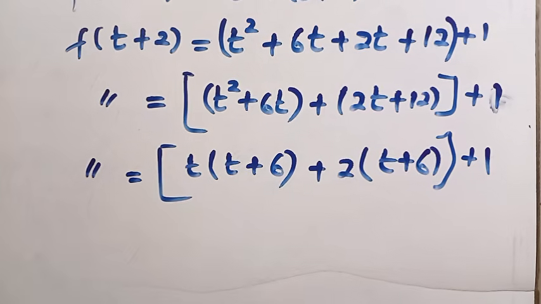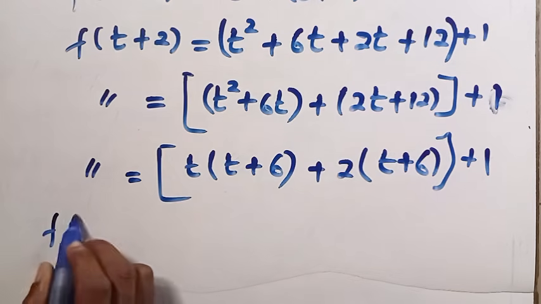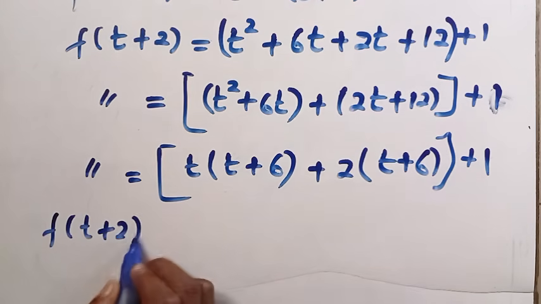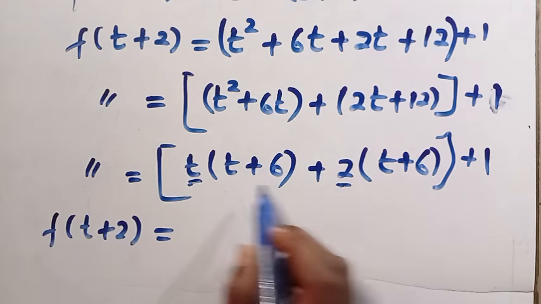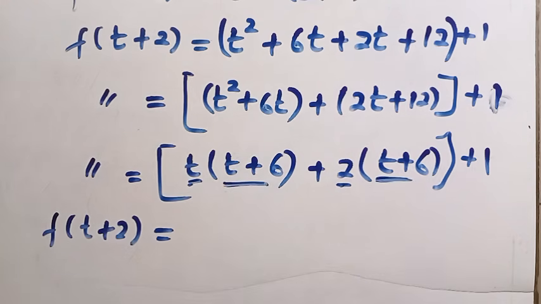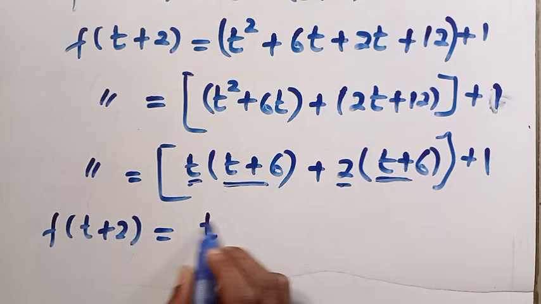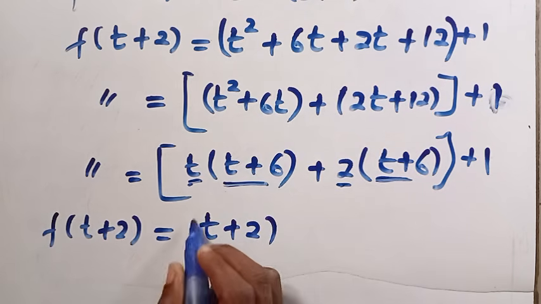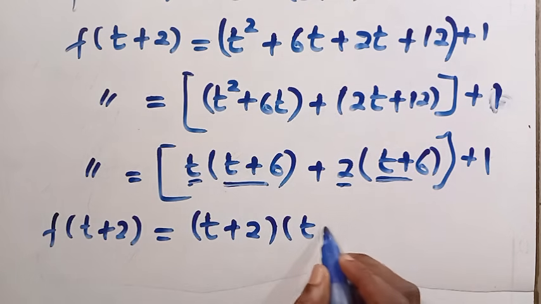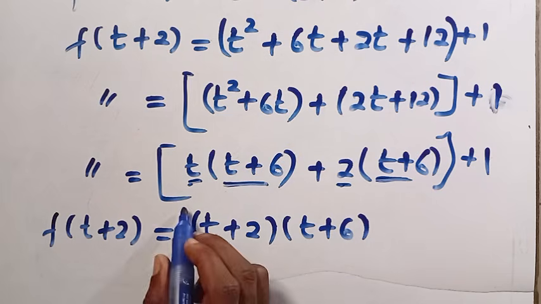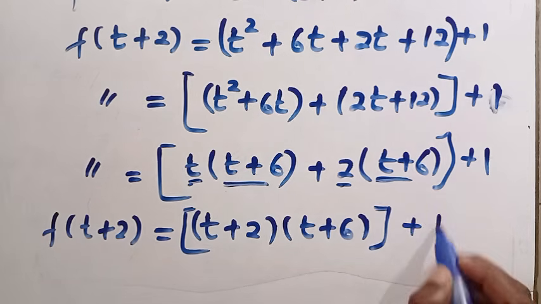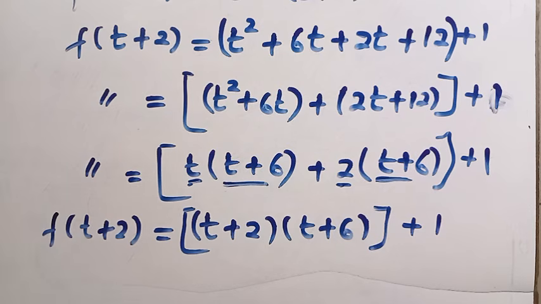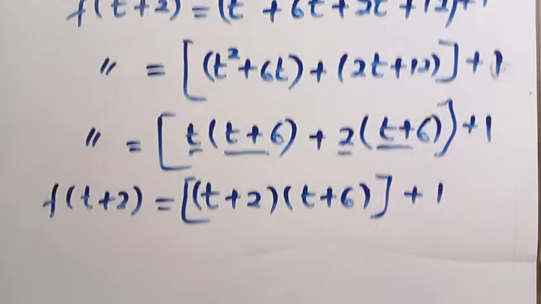Next we combine t and 2, because we have t plus 6, that is the rule of factorization. So we have t plus 2 multiplied by t plus 6, all in bracket, and we leave plus 1 outside.